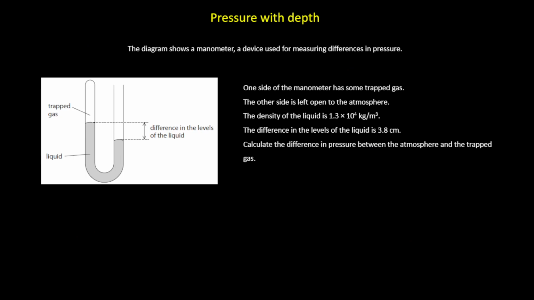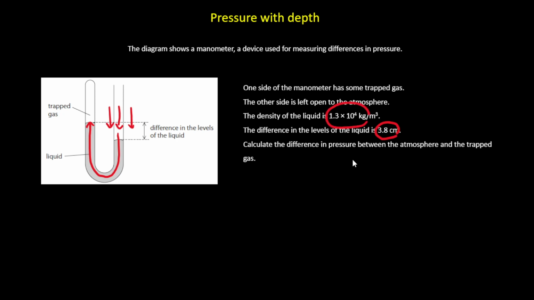Alright, so let's do one last problem before I let you go. If you have read the question, you will notice that there is atmosphere trying to push down this liquid. When the pressure is pushing it down, the liquid will try to rise above as much as it can. The difference in height is 3.8 centimeters. The density of the liquid is about this much.